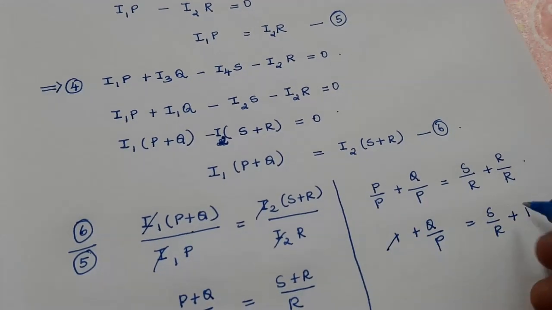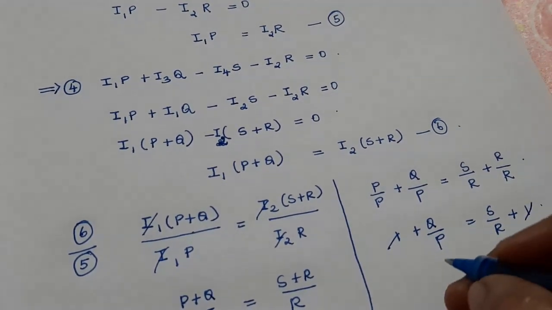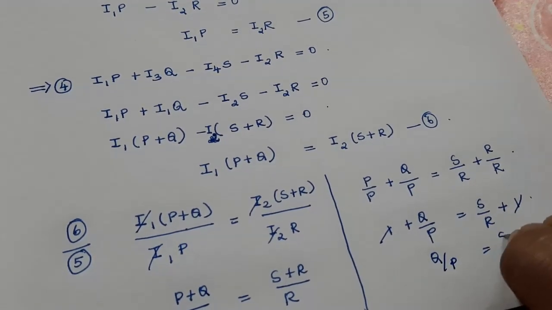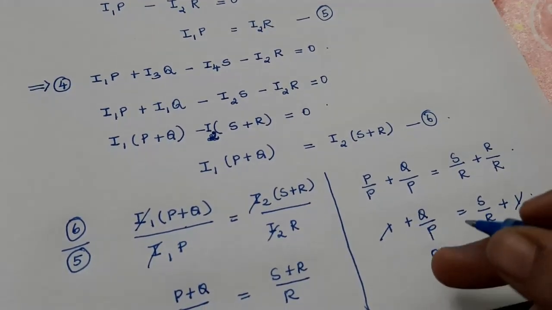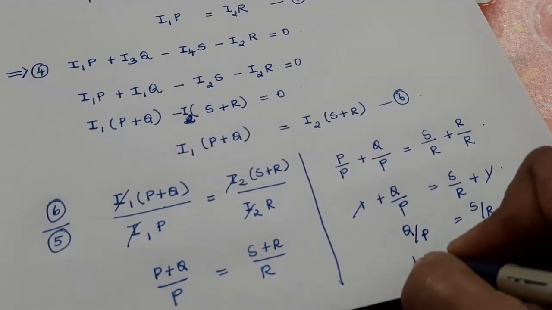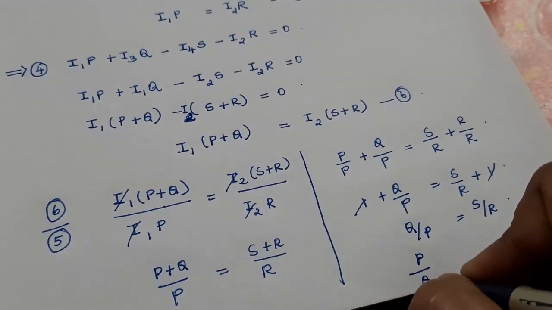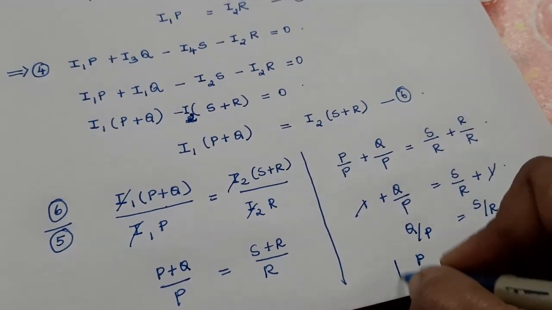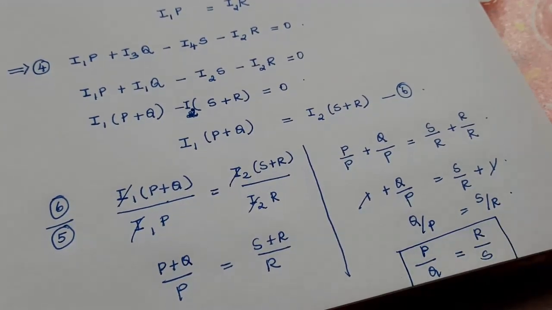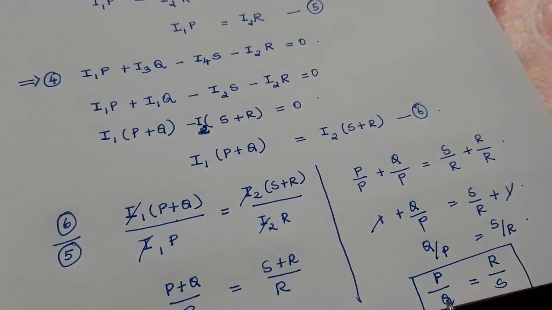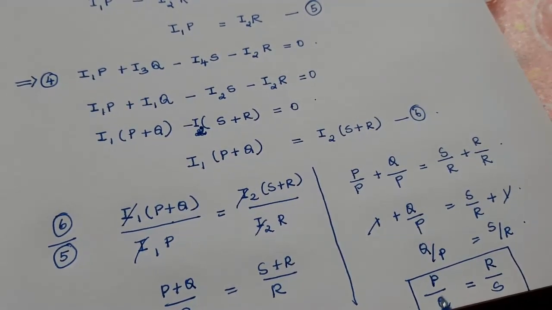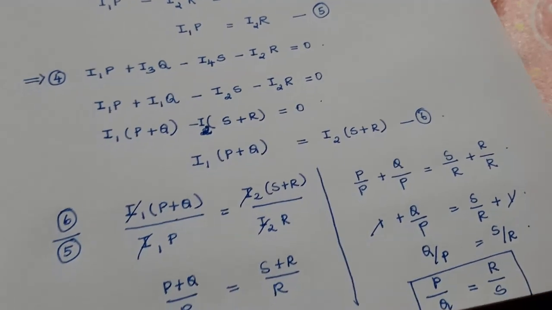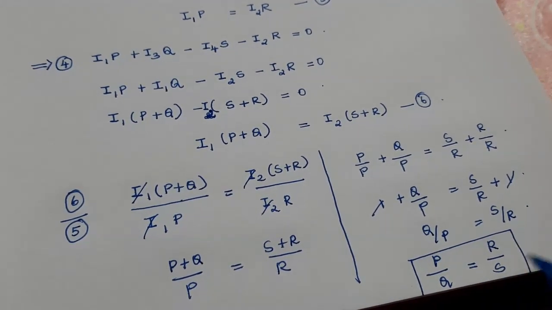This one and this one get cancelled, so we have Q by P is equal to S by R. Taking the reciprocal, we get P by Q is equal to R by S. This is the condition for balance in Wheatstone's network: P by Q is equal to R by S.